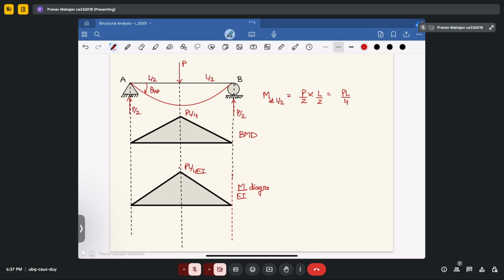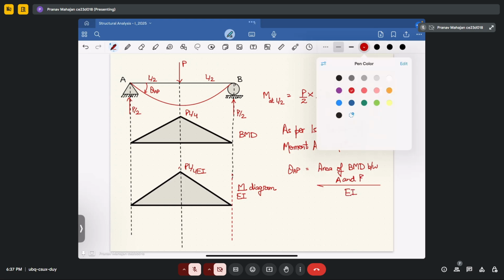Okay, so as per the first theorem of moment area method, your theta AP will be equal to area of bending moment diagram between A and P divided by EI. So what area will come between A and P? Let me mark this.